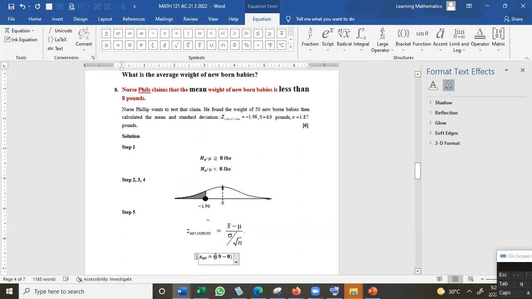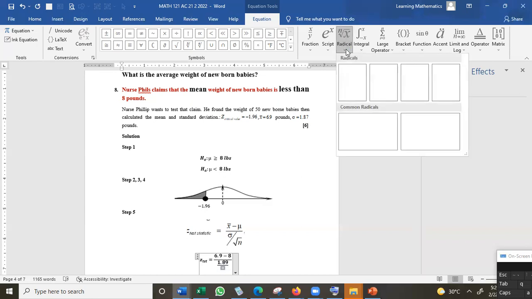This is all divided by sigma, the standard deviation. That's another symbol for standard deviation, the Greek symbol, divided by, that's 1.89 coming there, 1.89. The square root of the sample size.